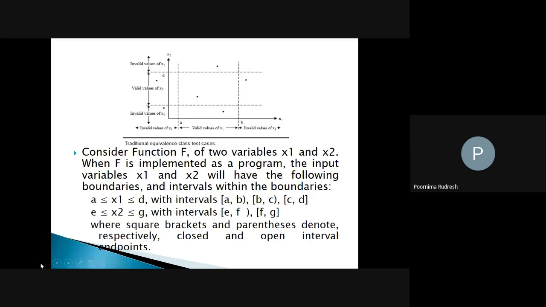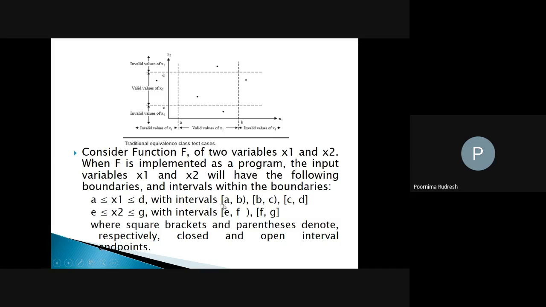So for the first variable x1, the intervals are also given like this, a comma b. See the difference here. We have the square bracket and the parenthesis, square bracket and the parenthesis. Finally, it is the square brackets. So what do they denote? The square brackets denote closed interval endpoints, whereas the parenthesis indicates open interval endpoints. So for x1 we have the square bracket as well as the parenthesis.